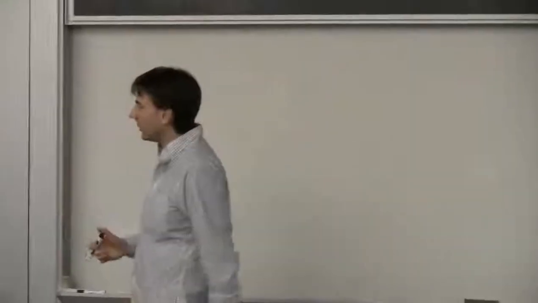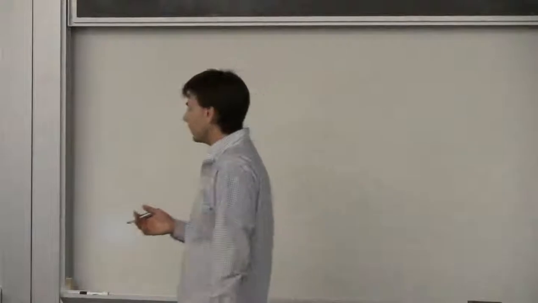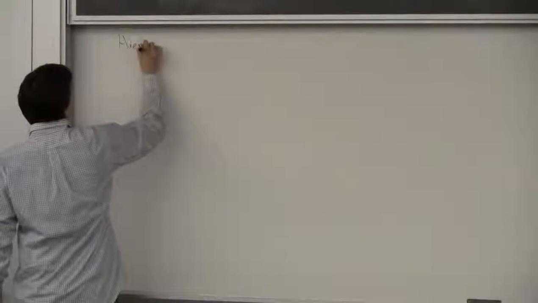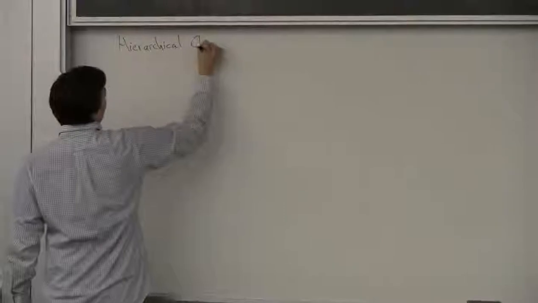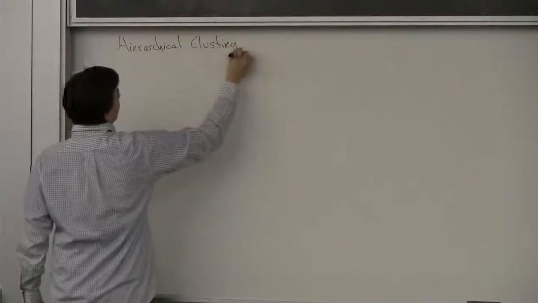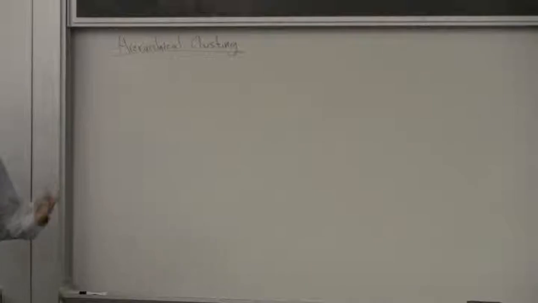We'll start today with hierarchical or agglomerative clustering. This can be a very simple approach, again with lots of ambiguity and lots of variations. I'll start by writing down the algorithm in a general form, and then we'll discuss it.